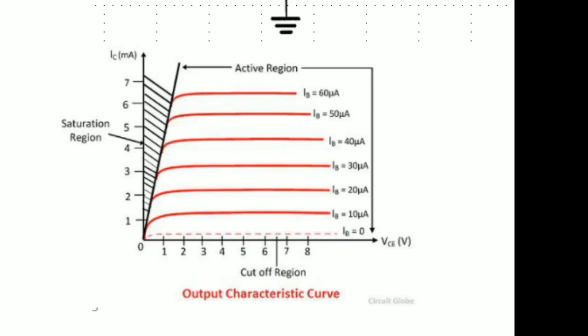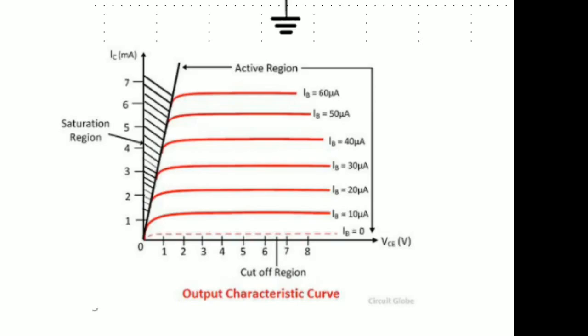What is meant by cutoff region? When my collector current is 0, you can call it as my device is in the off condition, so this is the cutoff region. What about the saturation region? My collector emitter voltage is increasing, my collector current is increasing slowly, that is it will pick up the collector current based on my input current, that is the IB value.